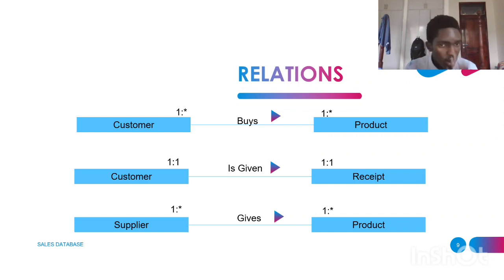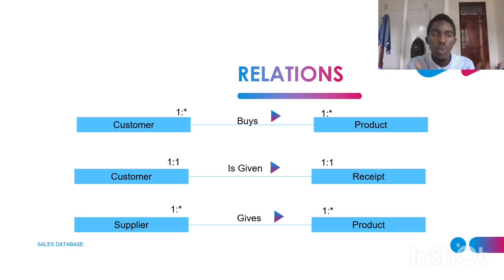If you look closely, you can see that I've added multiplicities on each of these relations. So a customer and product have a one-to-many multiplicity, showing that one customer could buy one product or one customer could buy many products.